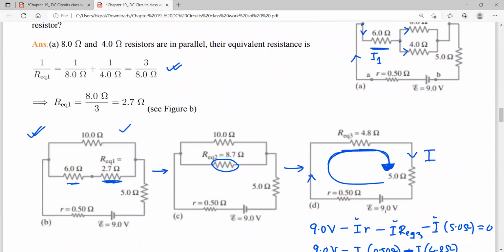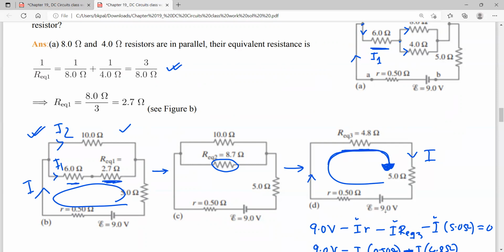So let's use this loop. If I use this loop, that's a little bit easier, because here we know that this is I, and then let's say this is I2 and this is I1.